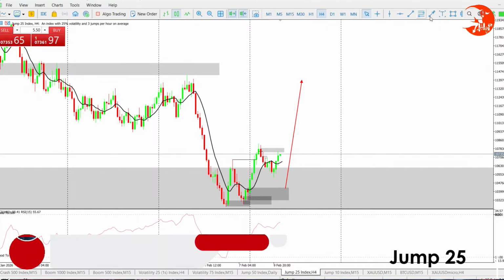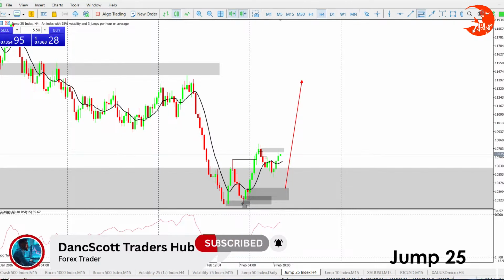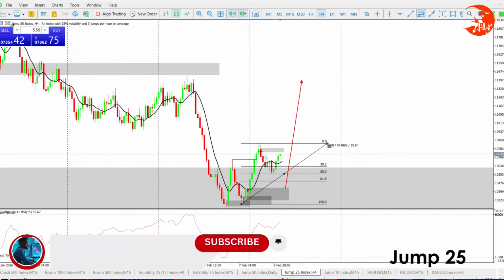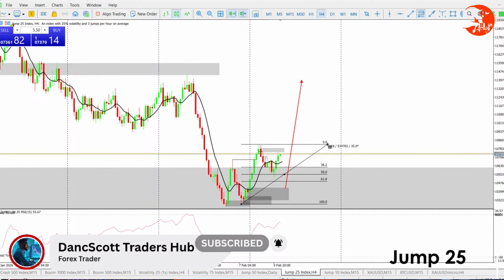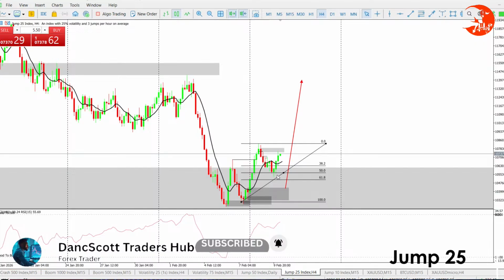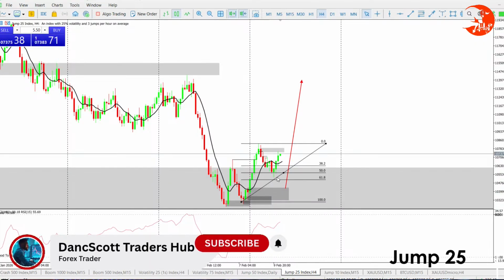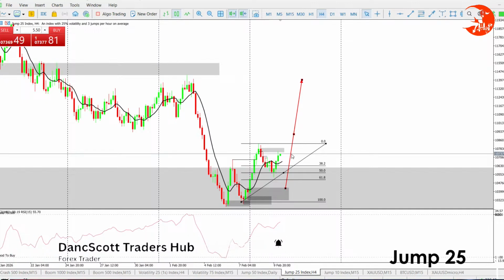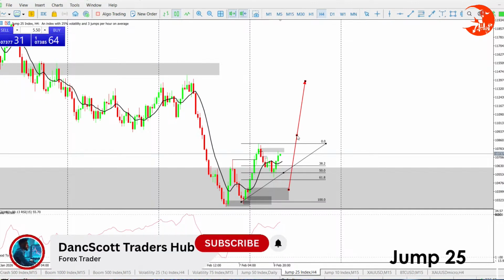And remember, I told you for us to look for buys, price has to give us a perfect entry down below, at least within a discount or within our demand level. And clearly it only reacted between 50 and 61.8, but that is not enough for the move that we are anticipating.